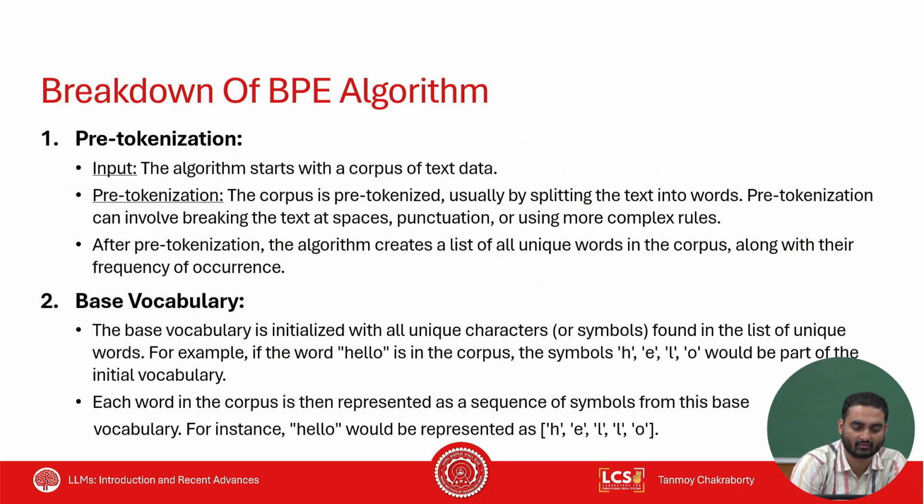The task of the token learner is to identify tokens. Before that, there is the pre-tokenization stage, which is executed before the token learner. During the pre-tokenization stage, we clean the corpus.